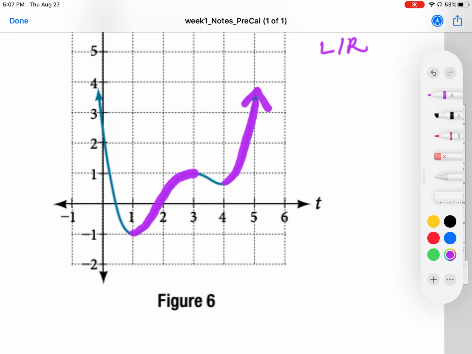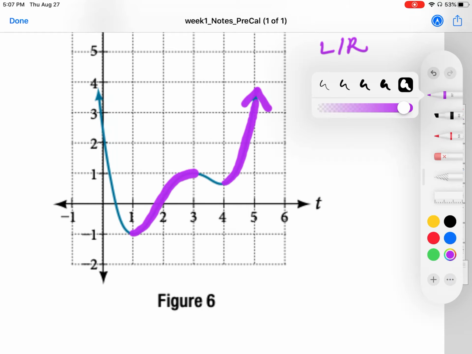So let's describe these points. These match up to the 1, and this matches up to the 3. This matches to the 4, and it goes on to infinity.